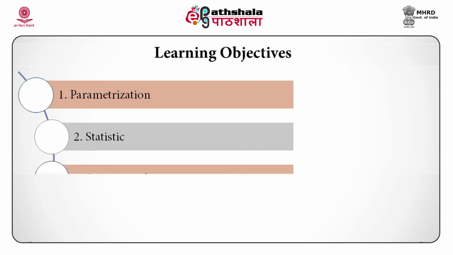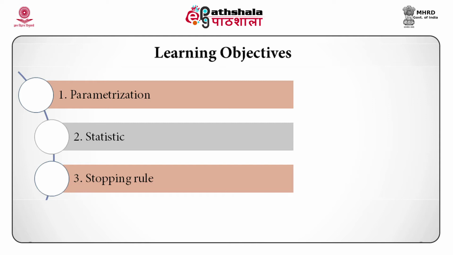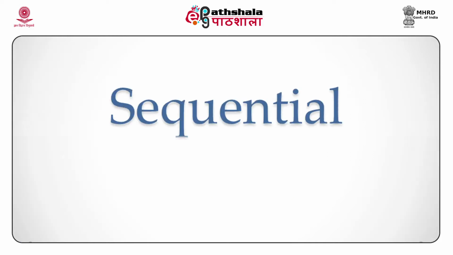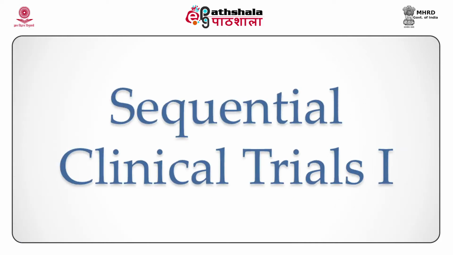We shall define a stopping rule which determines whether or not we have sufficient evidence to conclude the trial, and see that there are different classes of stopping rules. Finally, we shall briefly look at some properties of sequential designs, and we shall revisit them in the next 3 modules. Sequential clinical trials, the first of 4 modules.